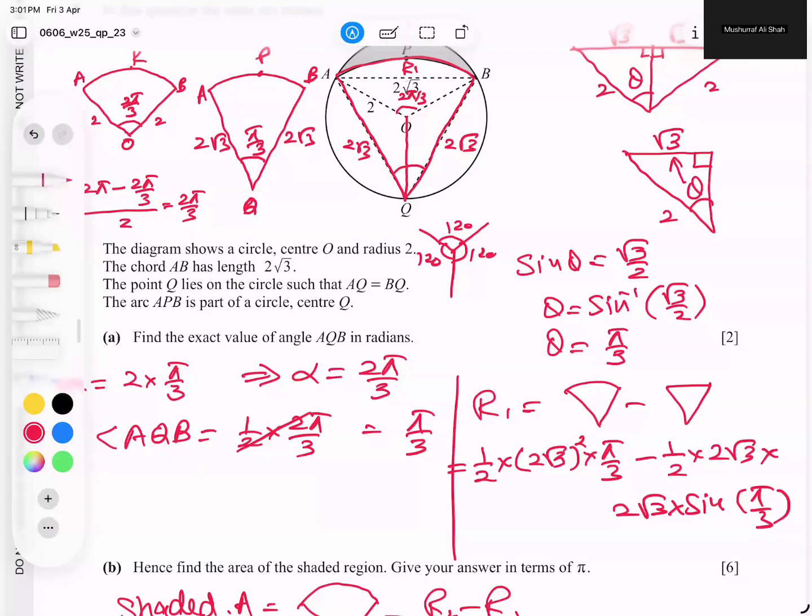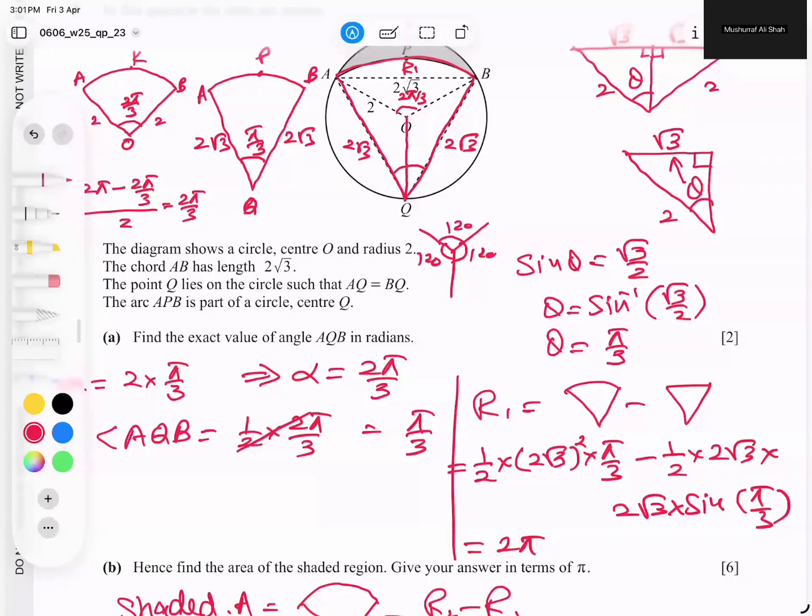Now I'm going to type this completely in the calculator. 1 over 2 into bracket 2 root 3, a lot of attention required, into pi divided by 3. So this I'm getting 2 pi. And what about the other part?